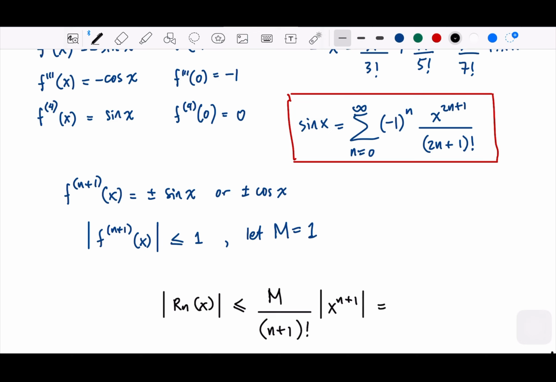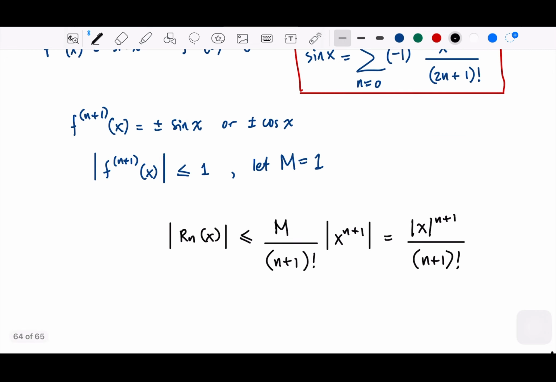And since m equals 1, this will be x to the n plus 1 over n plus 1 factorial, and this limit is equal to 0, right? Since it has the factorial on the bottom.